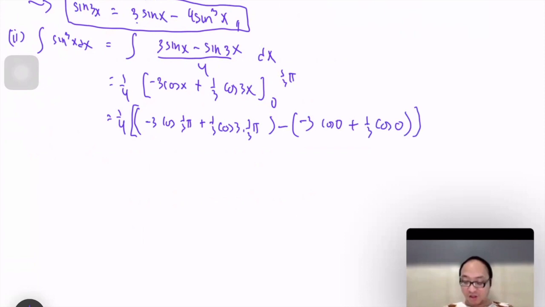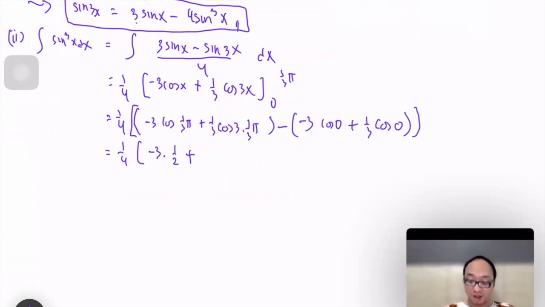Now cos 0 is 1, yeah, not 0. So negative 3 cos 1 over 3 pi is half. Plus cos pi is negative 1. Minus cos 0 is 1, negative 3 plus 1 over 3.